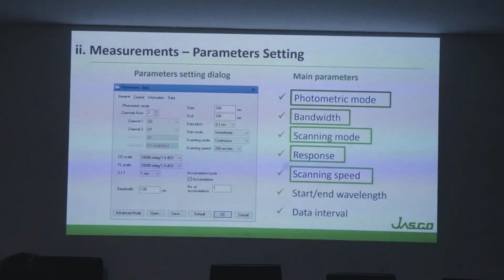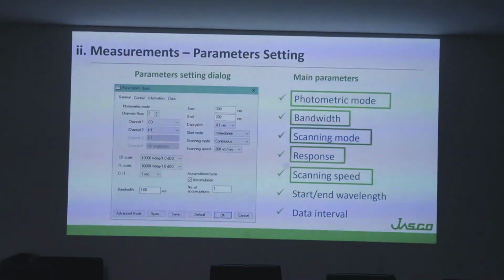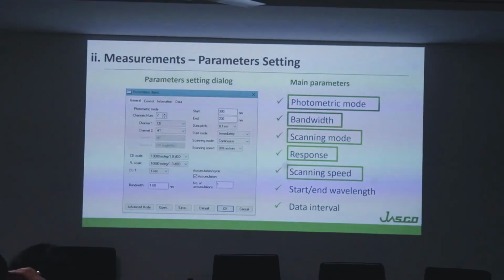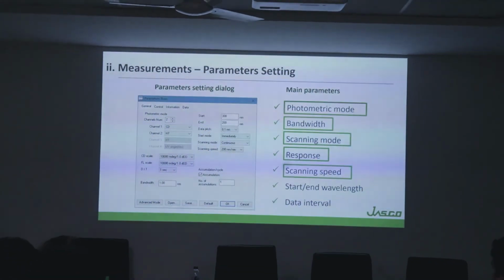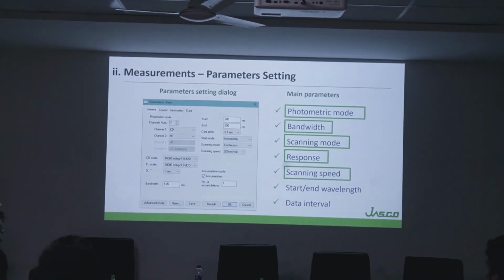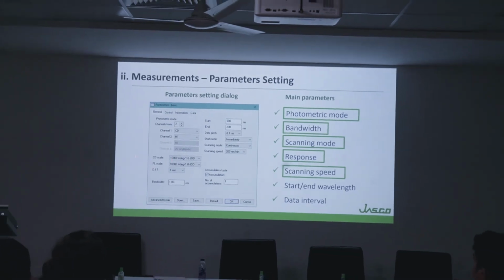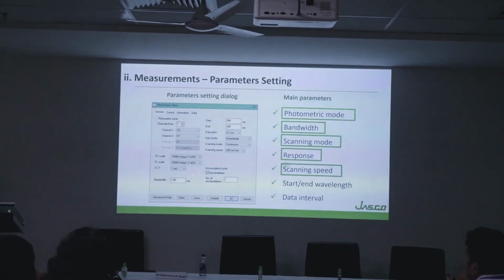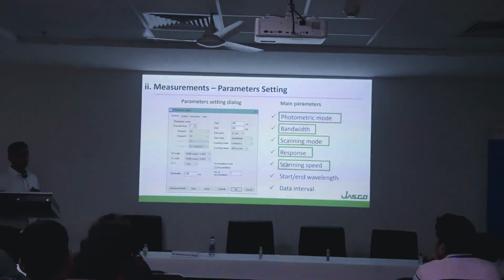Okay, so when you go to the hands-on training, you will use Spectra Manager software to analyze your sample and process your data. In the measurement, you will see this window pop up in Spectra Manager. This just gives the information.